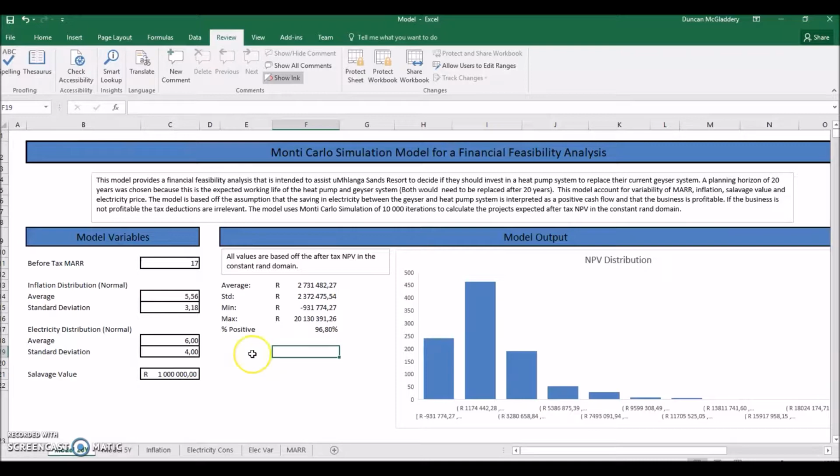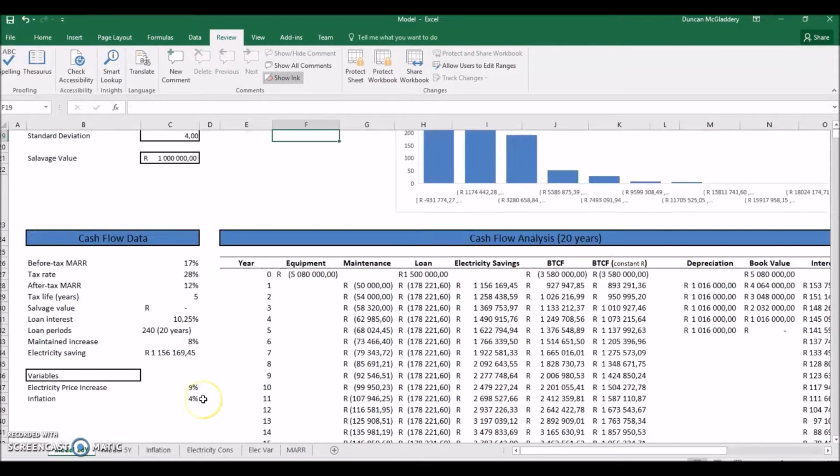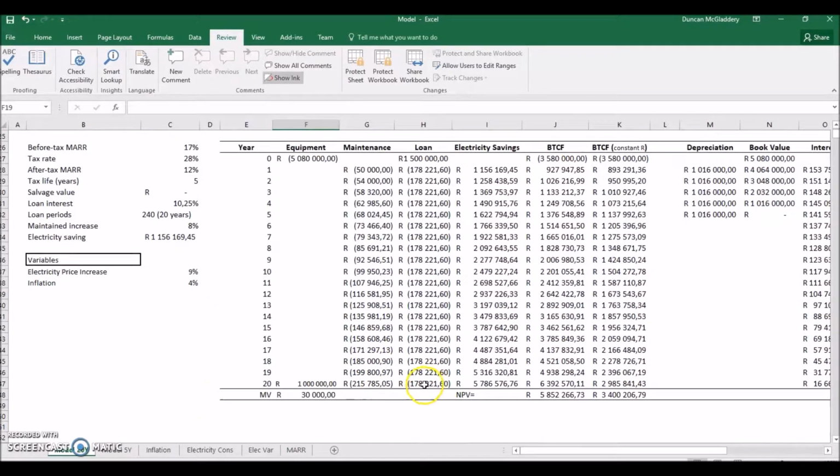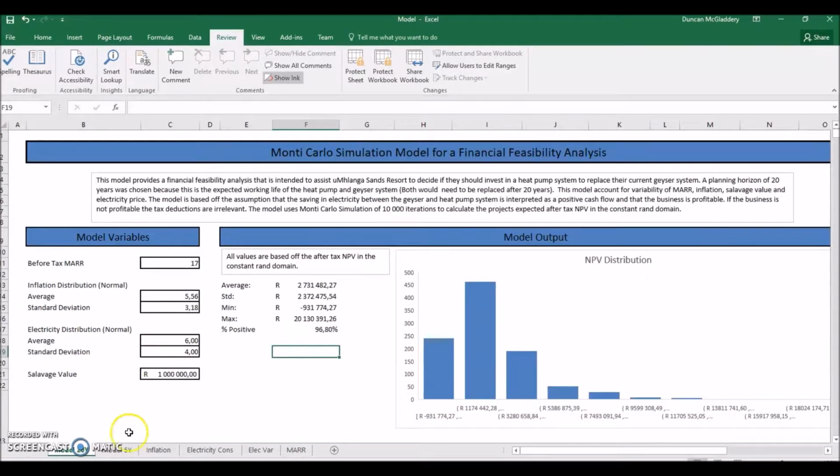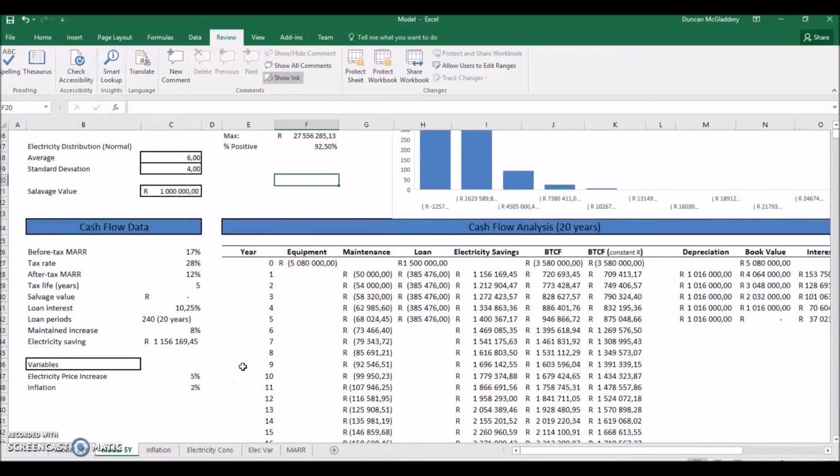Now, part of this project was to evaluate the effects of two different loan schemes. So in this model, I used a loan repayment of 20 years, and then I copied this model but changed the loan repayment period to 5 years.